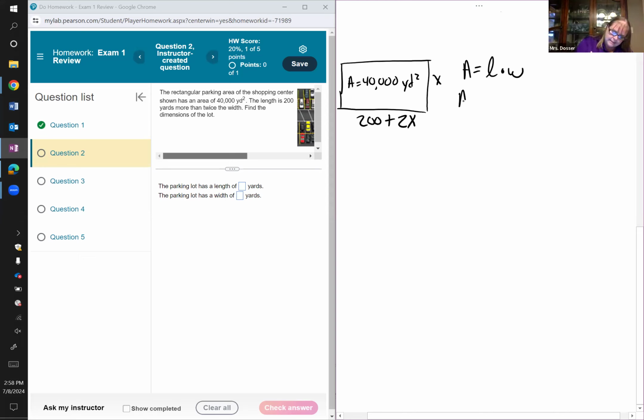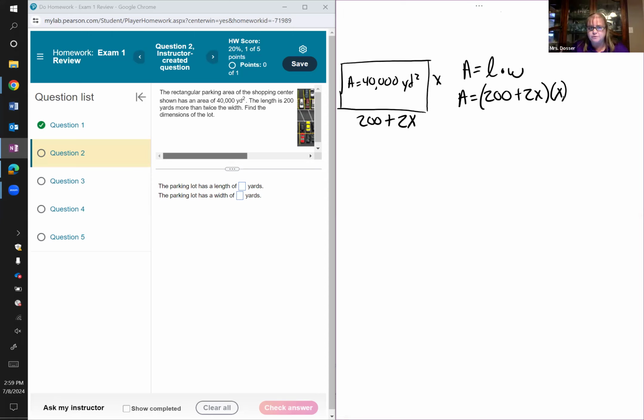So in this case, our length is 200 plus 2x, and we're going to multiply that by our width, which is x. Now notice we do need parentheses here because we're multiplying the entire length, the 200 plus 2x, that whole thing has to get multiplied by x. Without the parentheses, it just implies that we're multiplying that last part by the x.